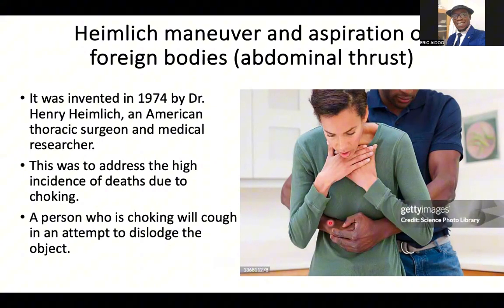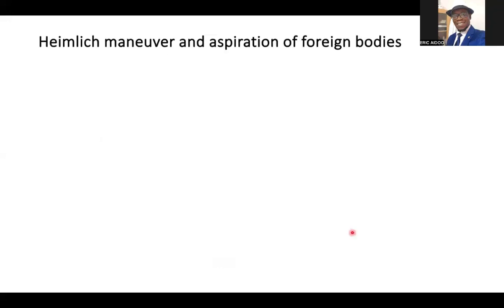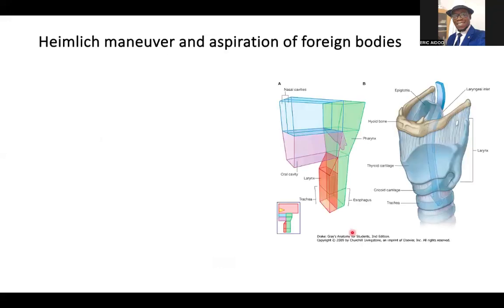Then you clench your right fist, and then you put your left hand over it, and then you put pressure on the abdomen and the thorax, to cause the diaphragm to form a dome shape to push the air out, and this will help to dislodge the foreign body. So usually this is what happens.